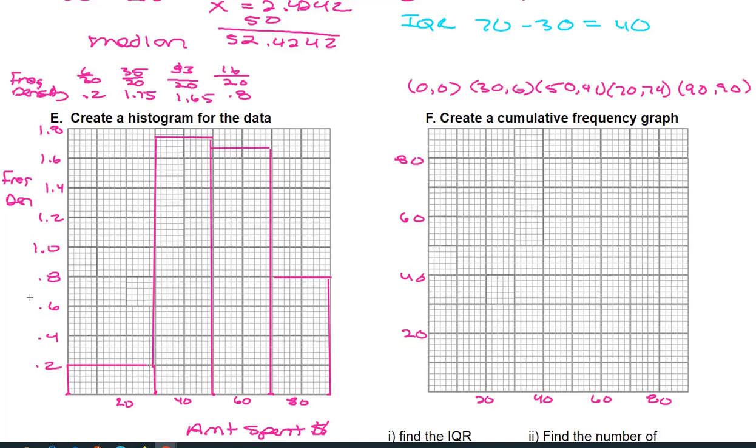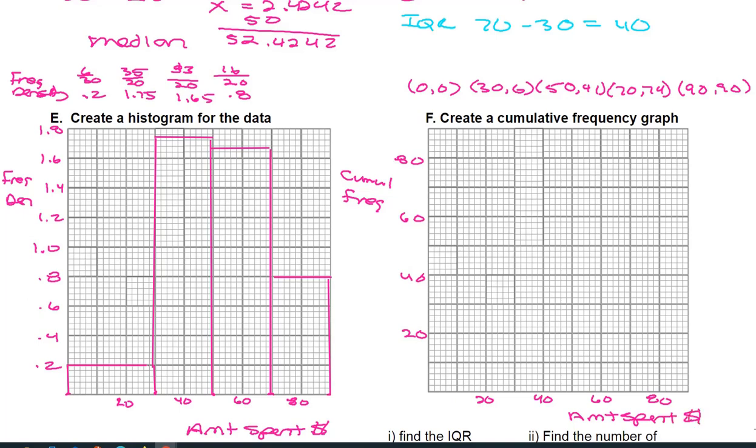And we have to label them. This is always going to be cumulative frequency. And this is going to be, again, whatever is on the x-axis, which again is the same as the histogram. It's the amount spent in dollars.